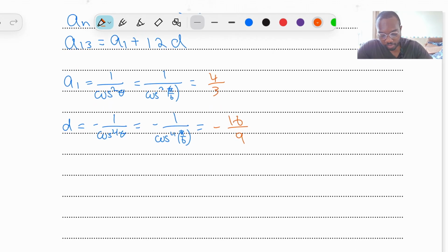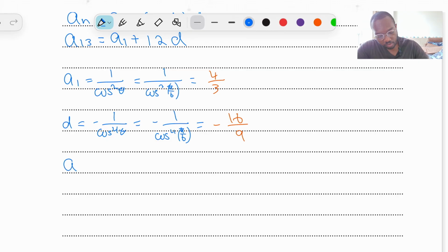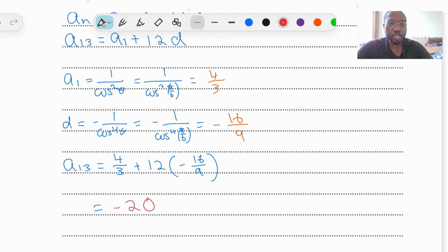Therefore, a13 we now know is just going to be a1, which is 4 over 3, plus 12 times d, which in our case is minus 16 over 9. If you put that all into a calculator, you would get the grand total of minus 20. So we know that the 13th term is minus 20.